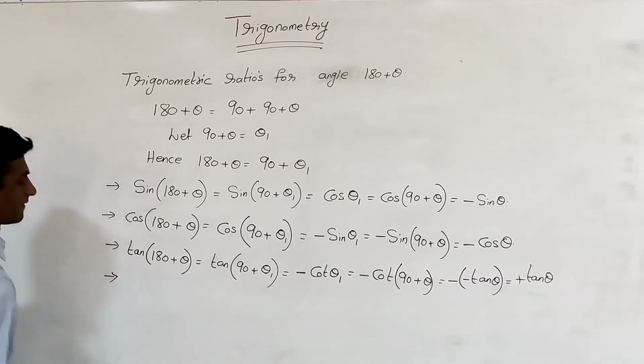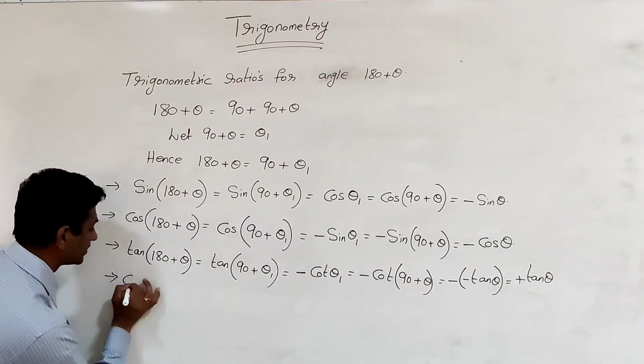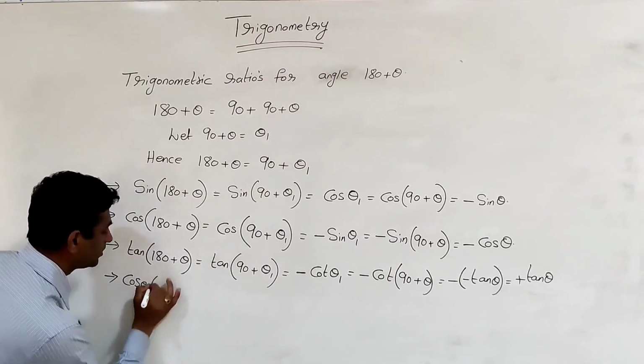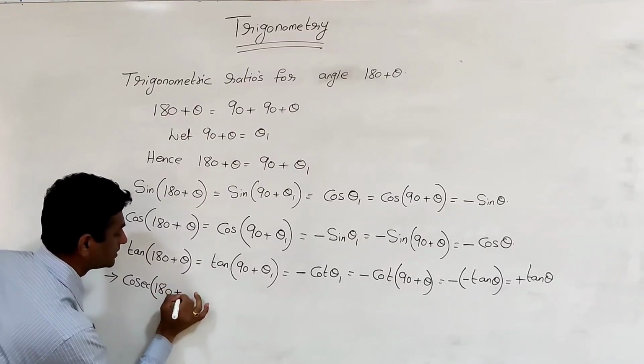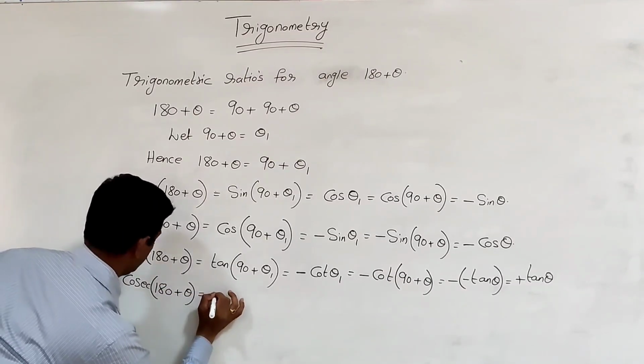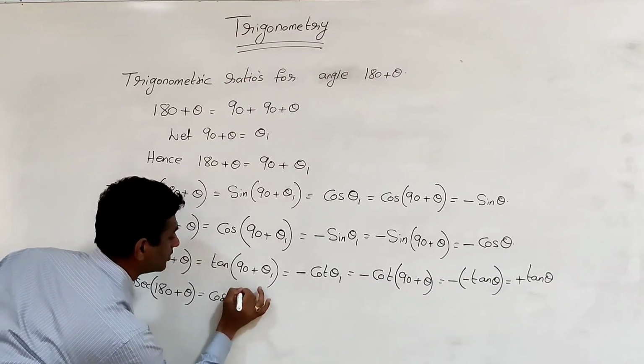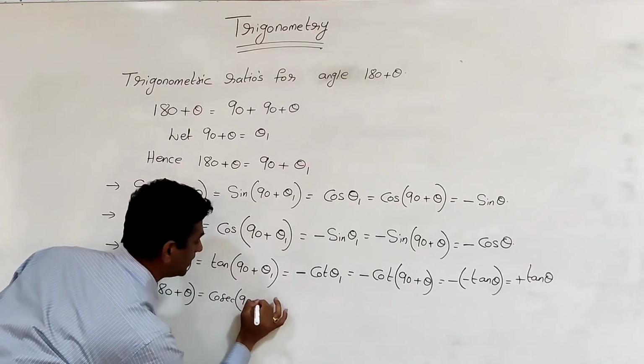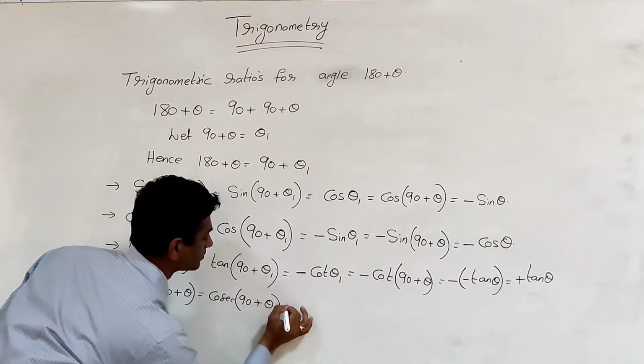Next, we'll go for cosecant. Cosecant of 180 plus theta is equal to cosecant of 90 plus theta 1.